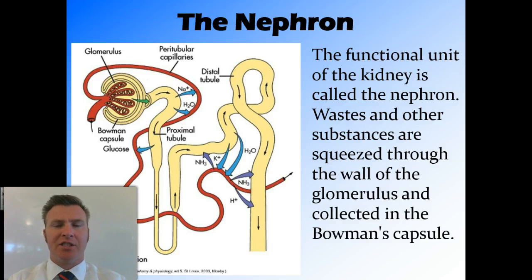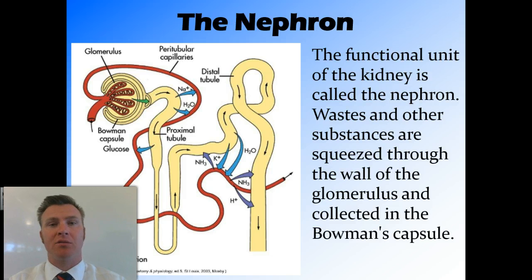So the nephron, and each kidney has thousands of nephrons, works by having wastes and other substances in the blood squeezed out through the wall of the glomerulus. You can see we've got the glomerulus here. The blood with the water in it squeezes the water and other things out, and it filters them by size.